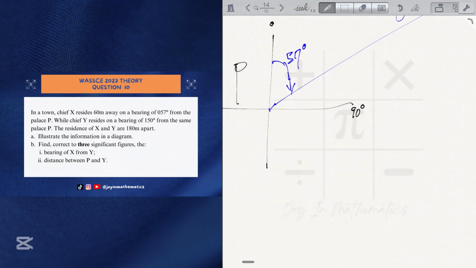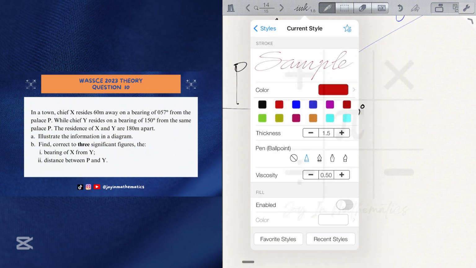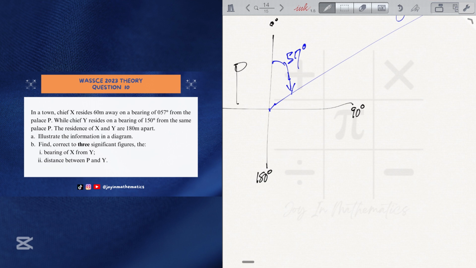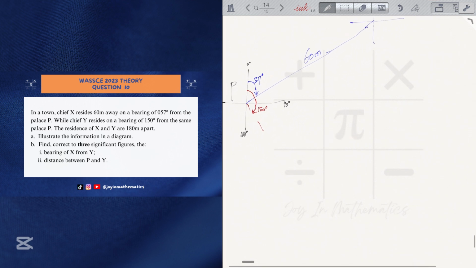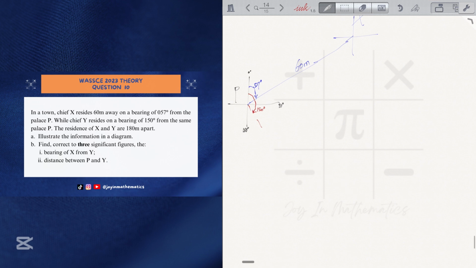Knowing that if this is 0 degrees, 90 degrees, this will be 180 degrees, Chief Y will be somewhere here between 90 and 180 degrees, such that the angle between this place and this place is 150 degrees. So with this, we can extend as appropriate. So we have it extended now here.